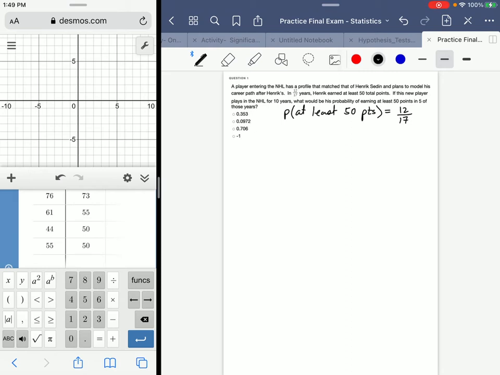So what we want to know is the probability that in exactly 5 of 10 years there will be at least 50 points.